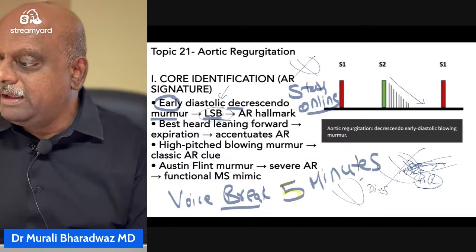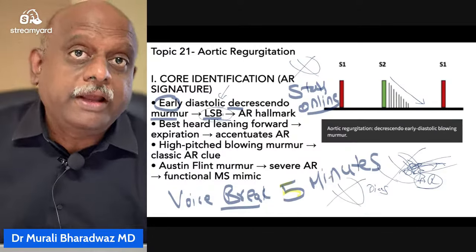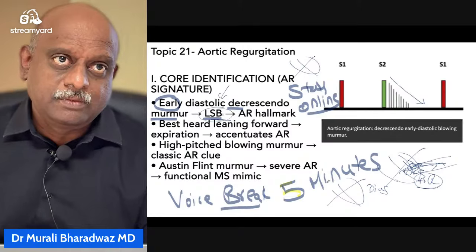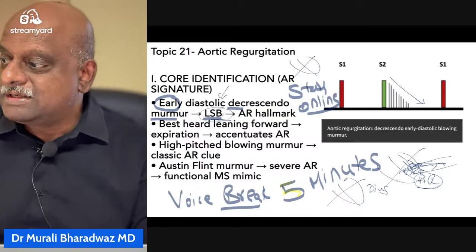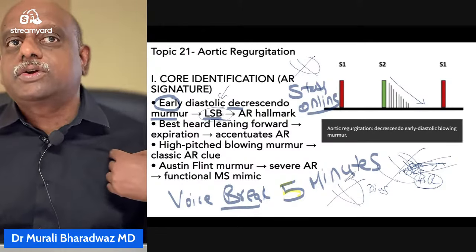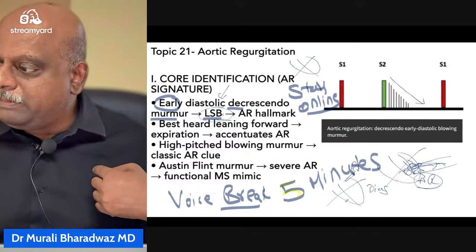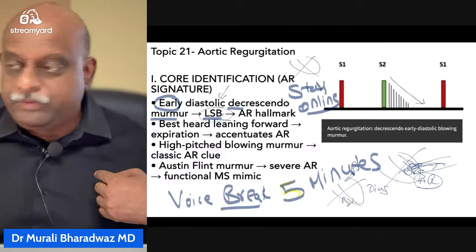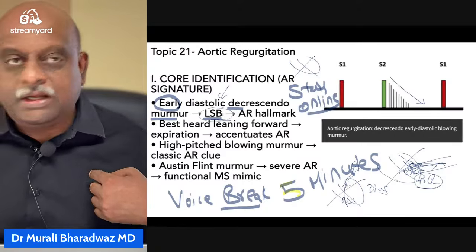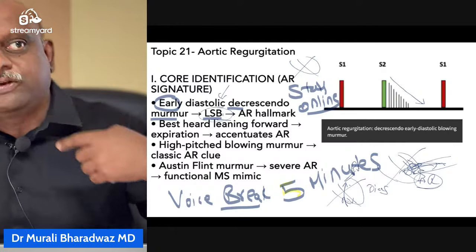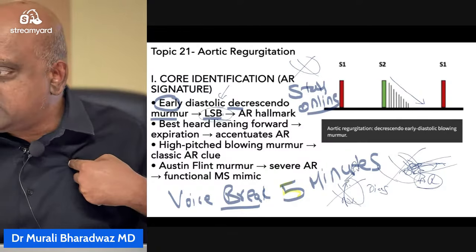So normally, what is the pulmonic area? Second left intercostal space is called the pulmonic area. Even though the pulmonary artery arises from the right ventricle, the blood moves from the right towards the left. So the left second intercostal space is the pulmonic valve.